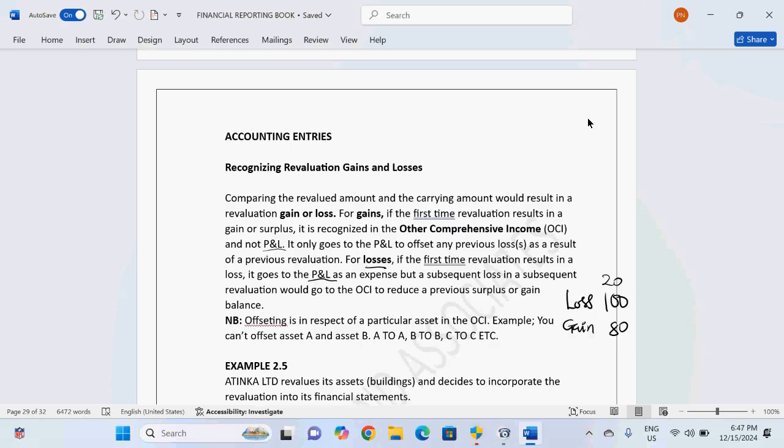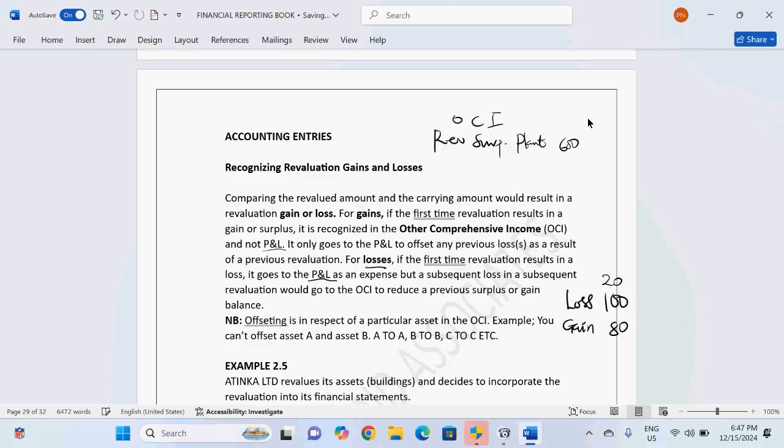So let's say in the OCI you have a revaluation surplus for plants of 600.